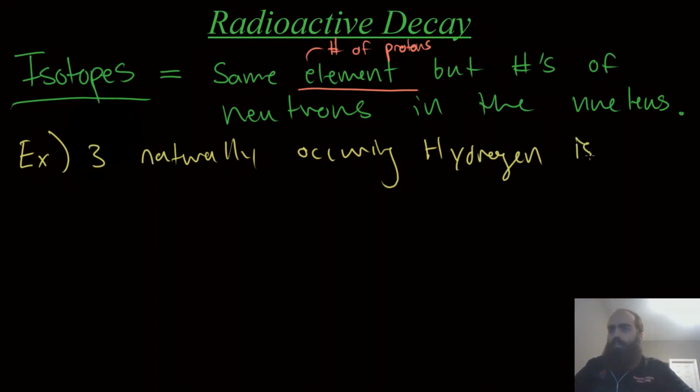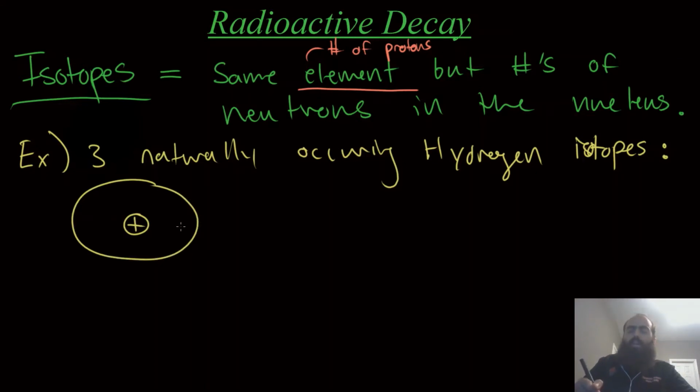We can just draw pictures to illustrate them. The most simple form of hydrogen is just 1 proton and 1 electron, so that's hydrogen.